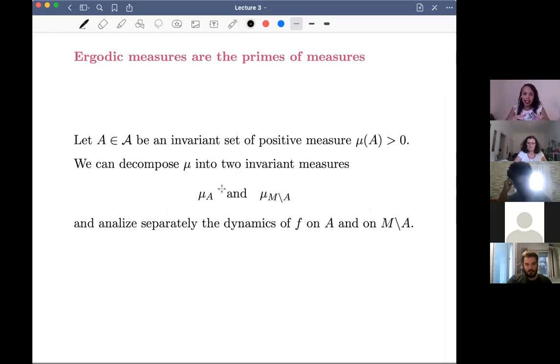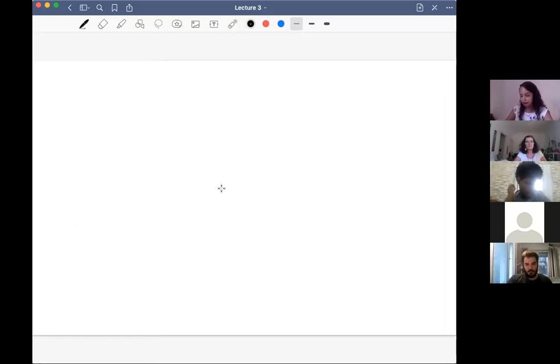So the idea is that if you have a non-ergodic measure, you can completely decompose your dynamics into two subsets and have two different invariant measures, singular with each other, to study them.